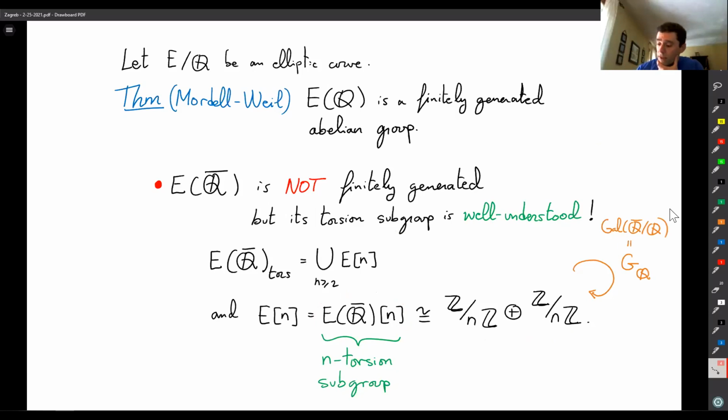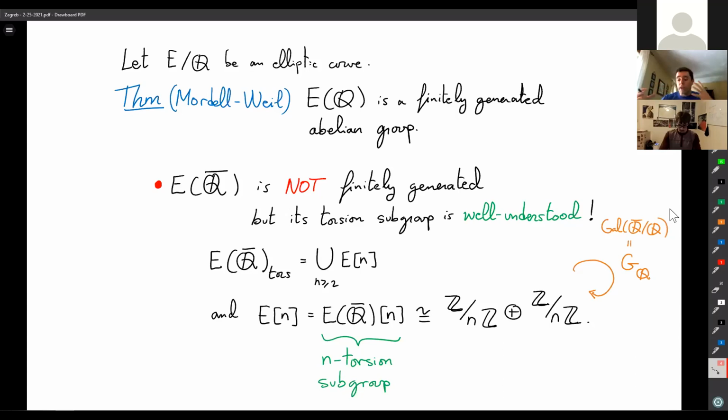But the key here is that there is an action of Galois. Because addition is a morphism defined over Q, so it's just polynomials defined over Q, the points of order n are permuted by the action of Galois.